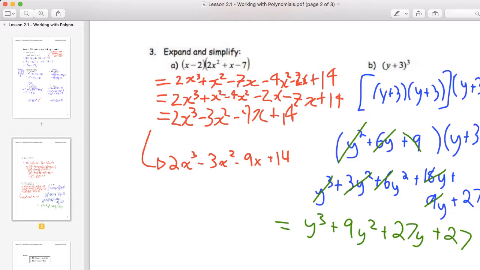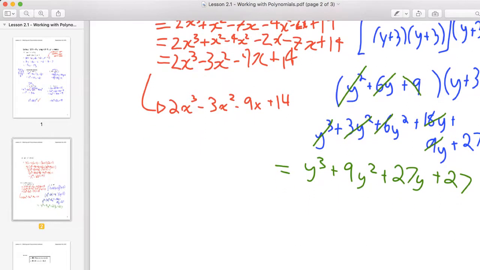So then I was done with the 9, so I crossed it out. So I knew I had gone through my whole trinomial, multiplying it by the binomial. So once this was all done, I grouped together my common terms, and then I wrote my final answer.